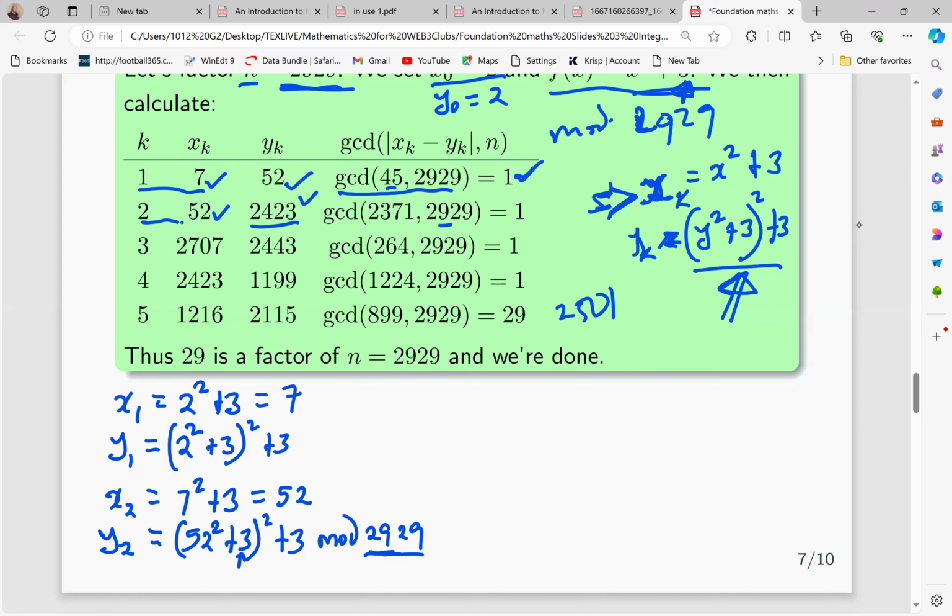At this point, subtract 2423 minus 52. You get 2771. Find the GCD using Euclid's algorithm.